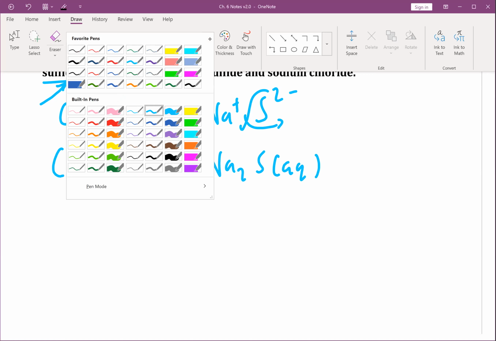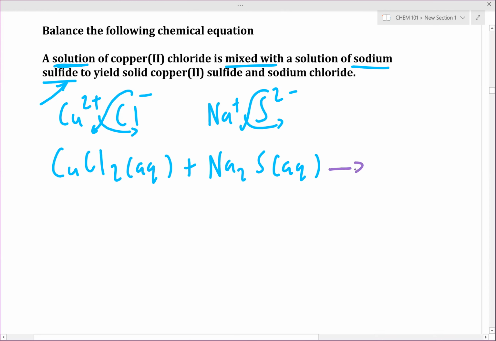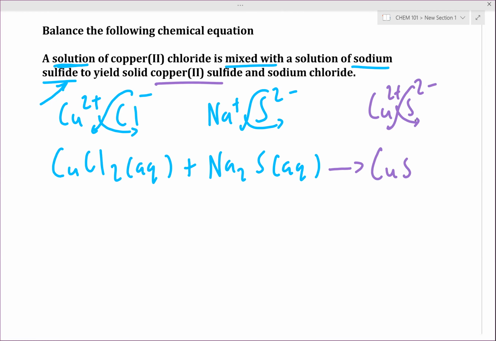Okay, let's keep going with this. In terms of our product, copper 2 sulfide. Would someone like to volunteer a formula for copper 2 sulfide? CuS. Now, when we have copper 2 plus, S2 minus, we cross our charges. Now, instead of Cu2S2, we want the simplest ratio.